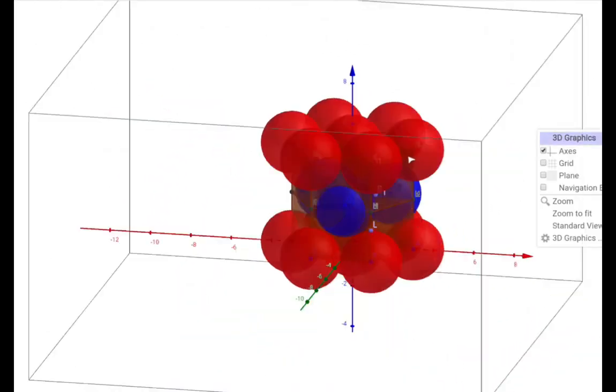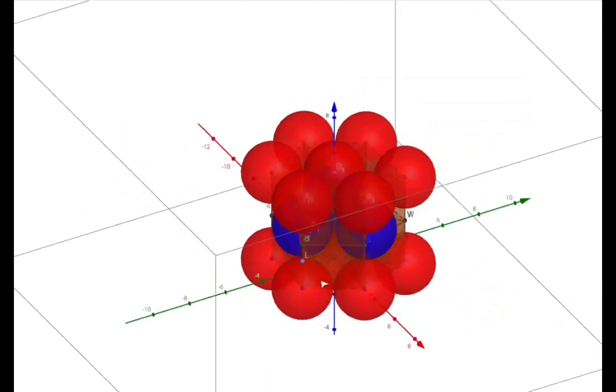If the third layer is placed on top of the second one, and again exactly at the top of A, the third layer will be A in this case here. So this is A, and this is B, and this is A. So the sequence will be A, B, A, B, A, B, etc. In this case, this is called hexagonal closed pack structure.